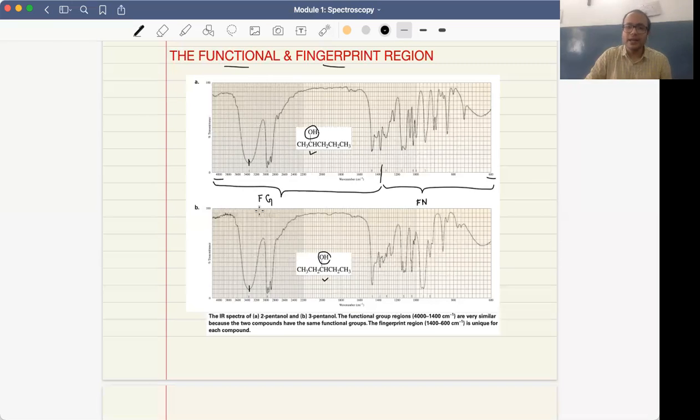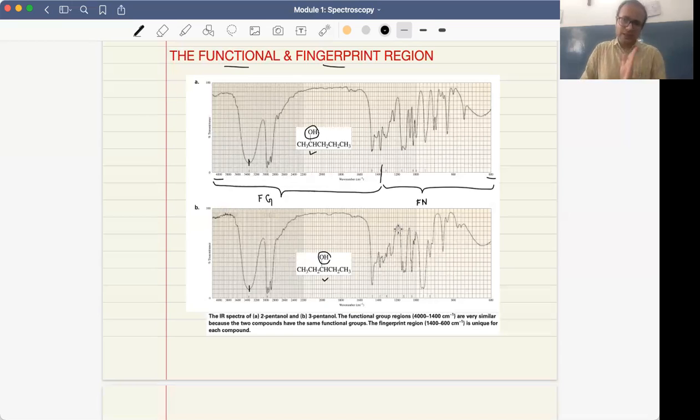But if you look at the fingerprint region that is extending from 1,400 to 600, you can easily identify that both these isomers differ in their fingerprint region. If you just look at the functional group region, you might think that these two compounds are the same. But when you look at the fingerprint region, they are pretty different from each other.